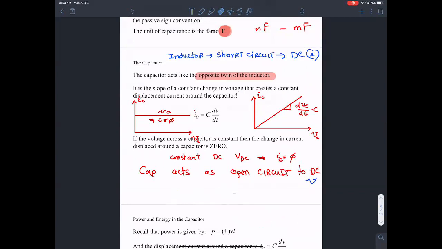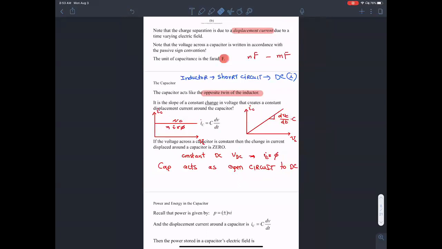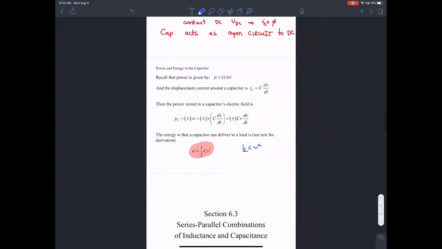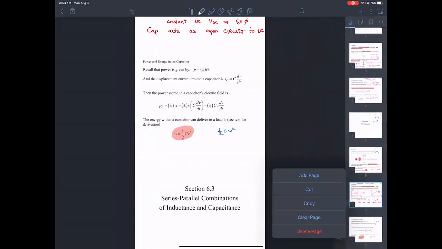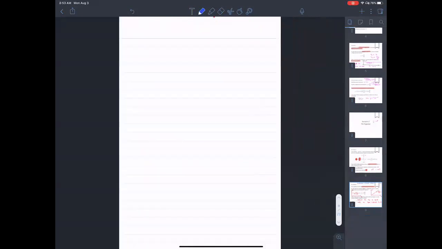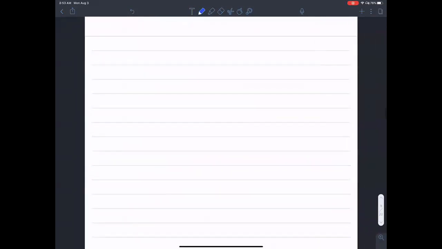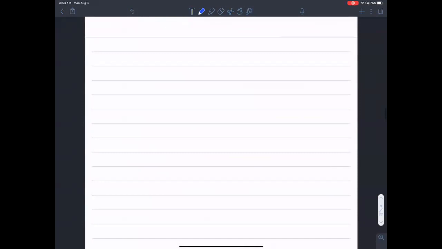So let me write them down, because I have written them in so many different places. I just want to write one summary page. V is IR for a resistor. For an inductance, V is L di by dt.